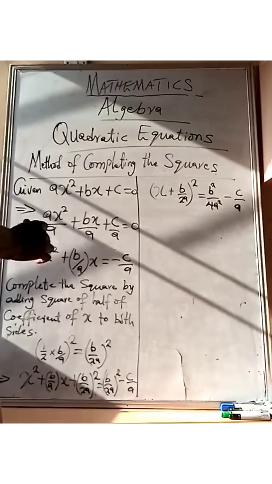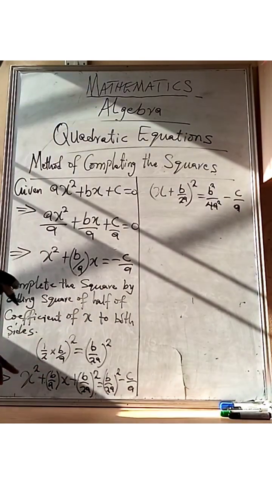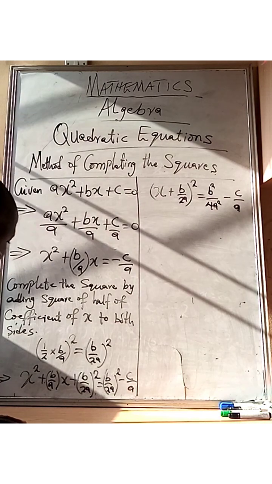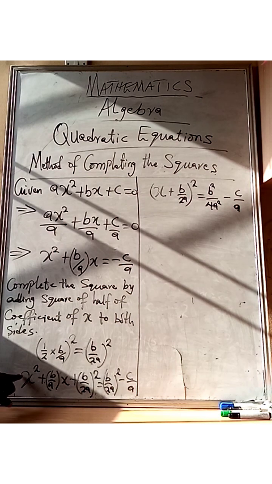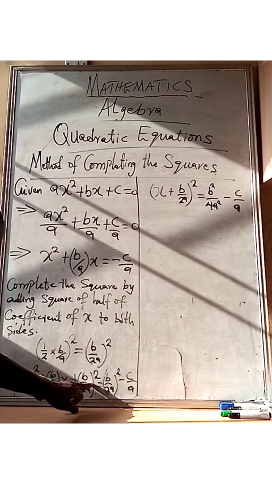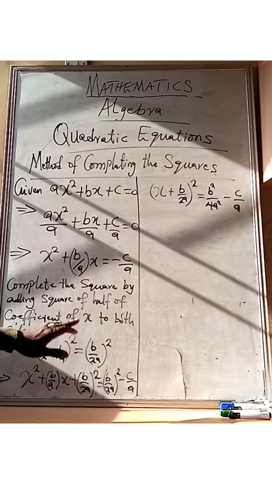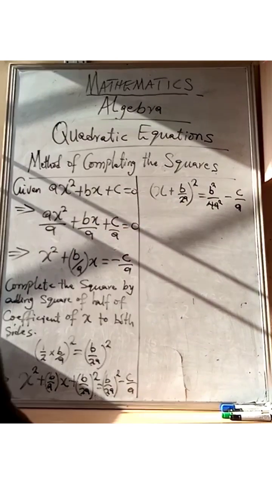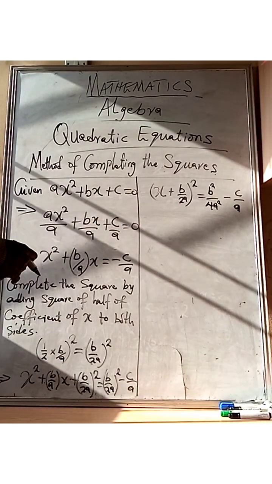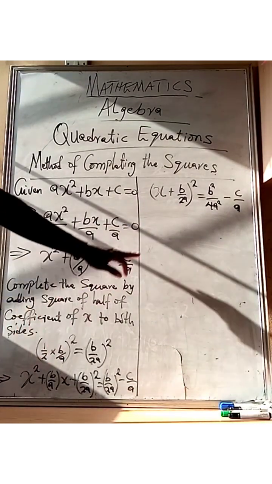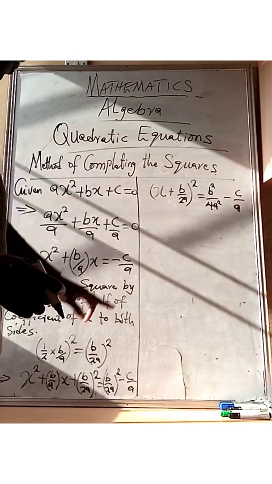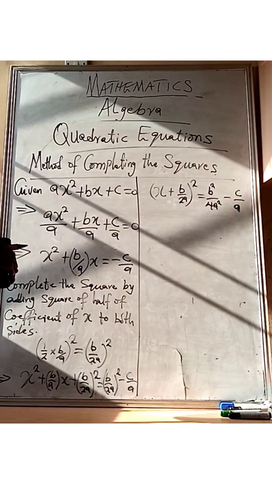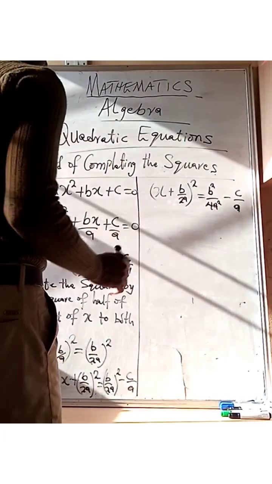To an average person, it would look as if we just took the term b over a x and expanded from here, but in actual sense, this is the factorized version of this part. So we'll carry it along that way.